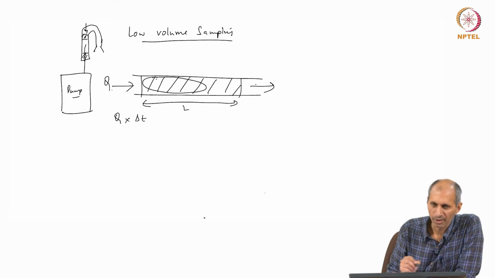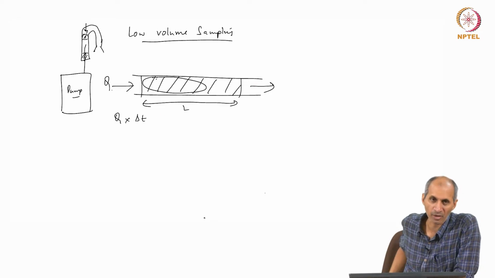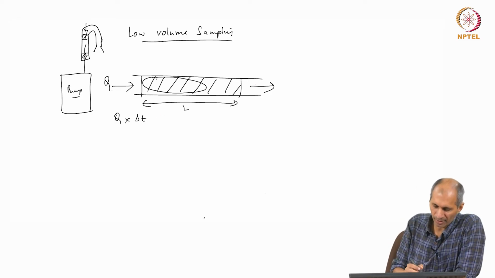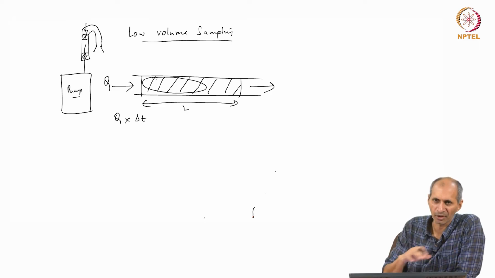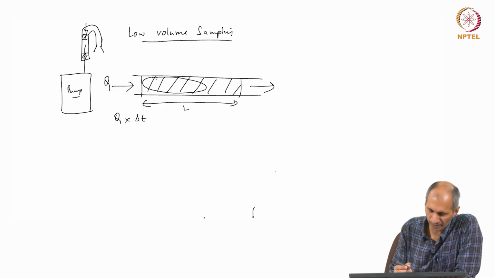When will it go out? When can you get this doubt that whatever I am measuring inside the sorbent tube is what corresponds to what has gone in? So when is this not true? You understand my question? Yeah.